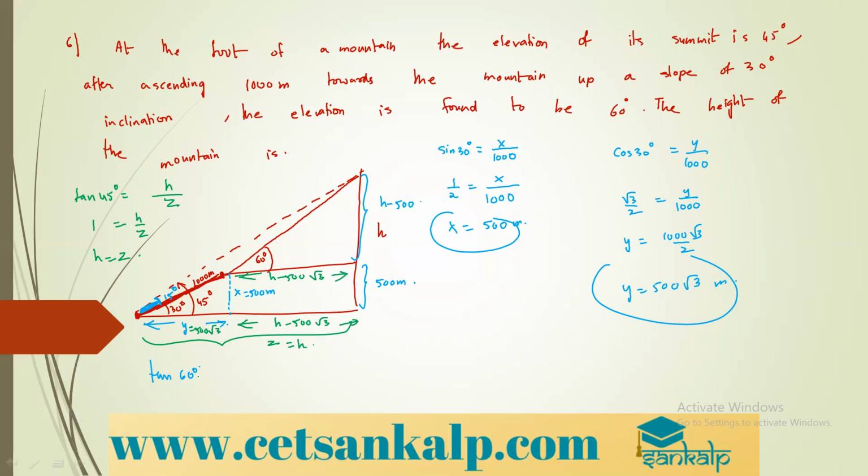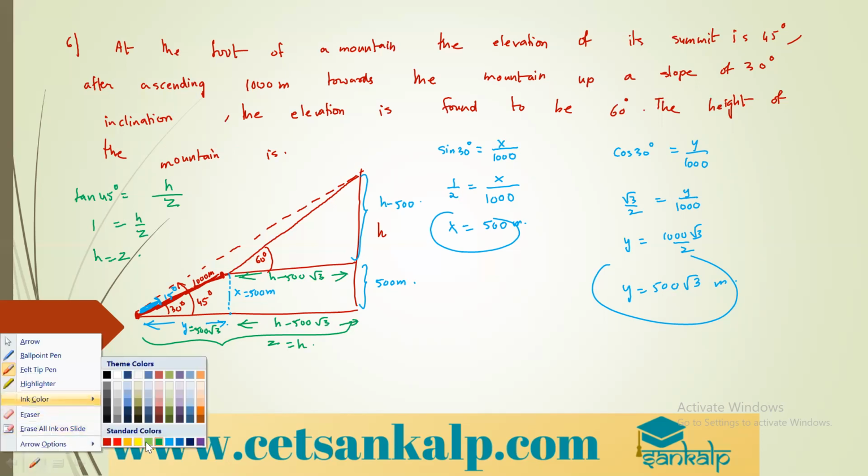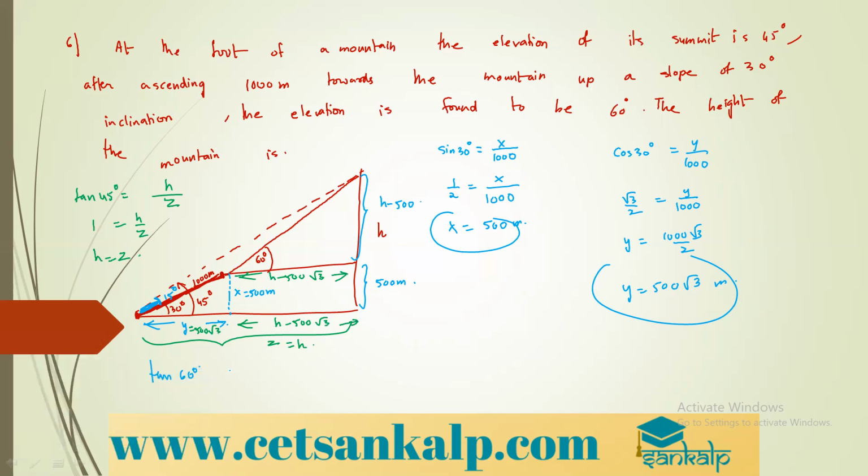Now, as I said, I will take tan 60 degrees. What is tan 60 degrees? H minus 500 by H minus 500 root 3. Because tan 60 degrees is root 3 equal to H minus 500 by H minus 500 root 3.